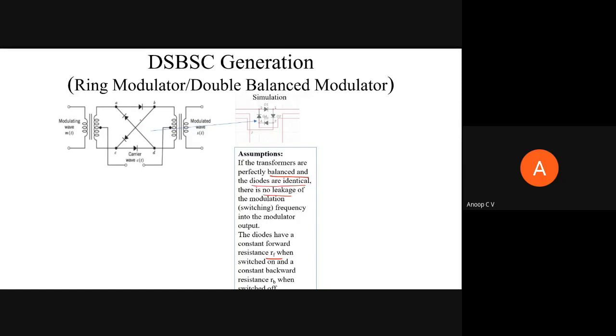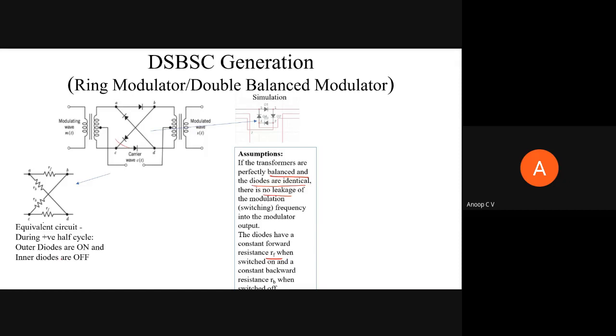We have seen the piecewise linear model in the case of the switching modulator. Same thing, but we do have four diodes here, right? And when it is reverse biased, we can assume it will be either open or I can replace it with a very high resistance RB, right? So now we can see the equivalent circuit of this.